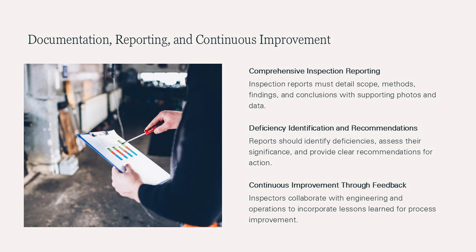Photographs, sketches, and thickness data should be included where applicable. Reports must identify any deficiencies, assess their significance, and provide clear recommendations. Consistent documentation enables trend analysis, supports remaining life calculations, and facilitates continuous improvement of inspection practices.